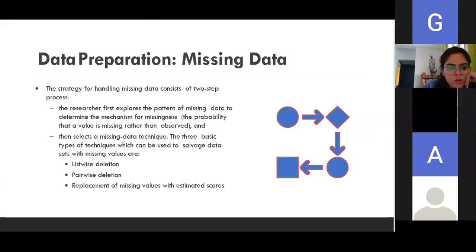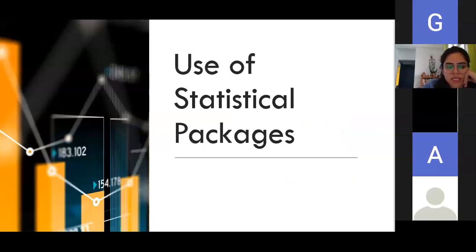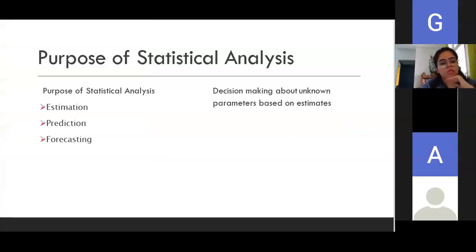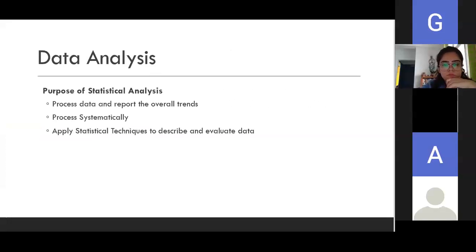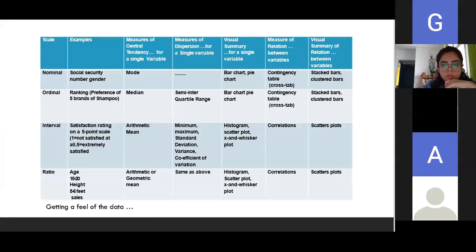Okay, so after that is statistical packages. What statistical packages are we going to use? We use statistical packages for estimation, for prediction, for forecasting, all these things. For example, I have already discussed that for nominal data, you make contingency tables.